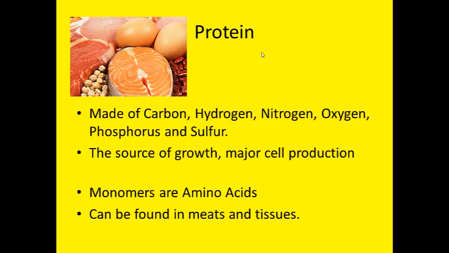So the cell creates proteins for everything. The monomers, or the ingredients for a protein, are amino acids. Proteins can be found in meats and in tissues. There's a specialized protein that we're going to learn about called enzymes, but they're all in that category of proteins.